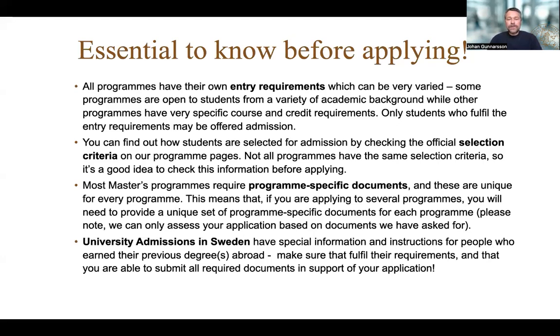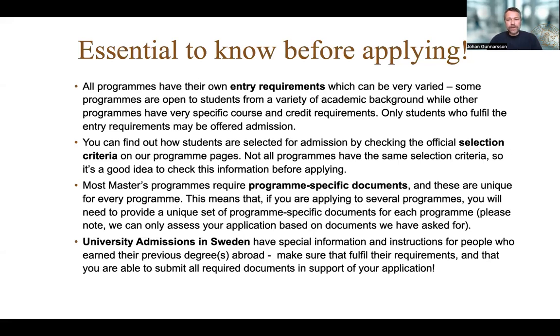Now, students often want to know how we select among the applicants, who gets admitted and who doesn't. And we are very transparent about this because every program at Lund University will have official so-called selection criteria. These can be found on each program webpage.